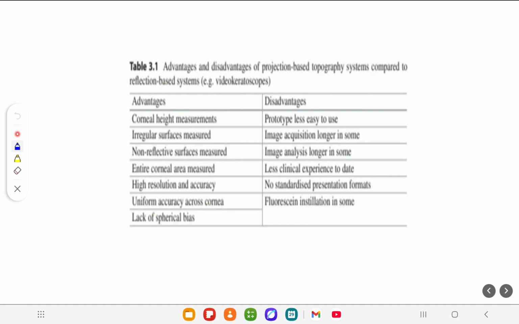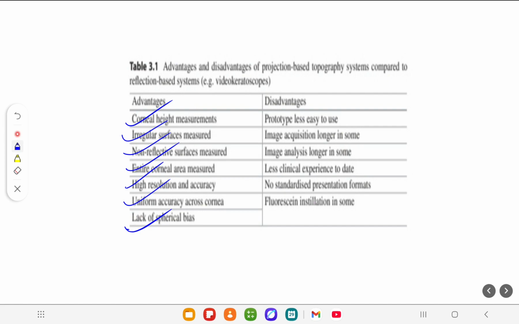So basically, we just discuss what are the advantages and disadvantages of projection-based topography. Advantages: corneal height is measured, irregular surface is measured, non-reflective surface is measured, the entire corneal area is measured, and high resolution, accuracy and uniform accuracy across the cornea, and lack of spherical bias, because in case of reflection-based, basically I just wanted to talk about keratometry.